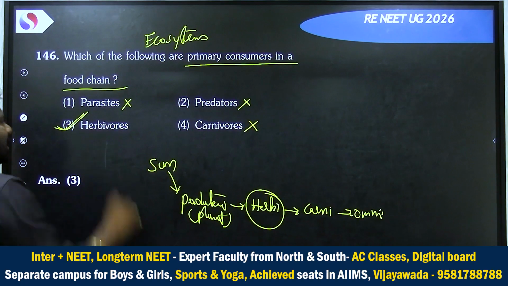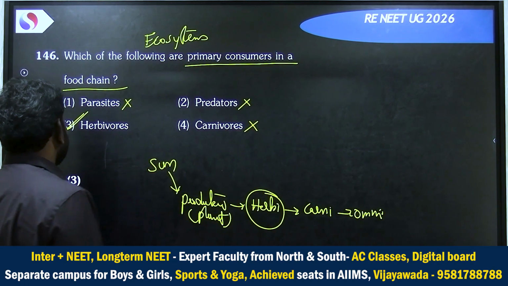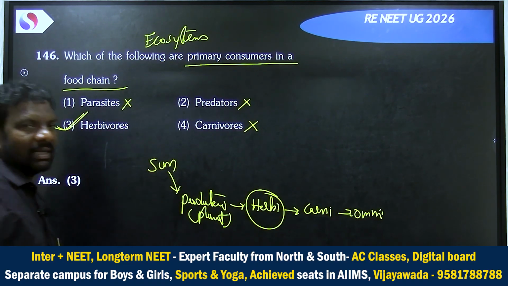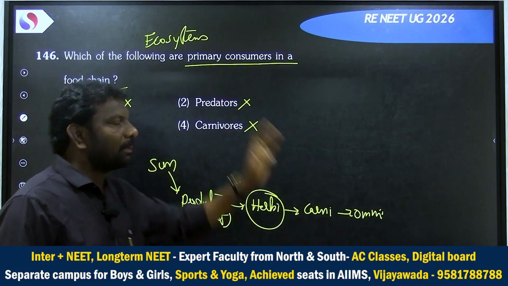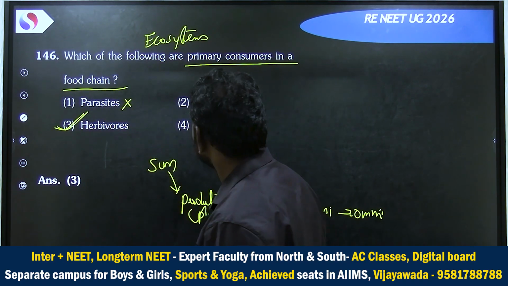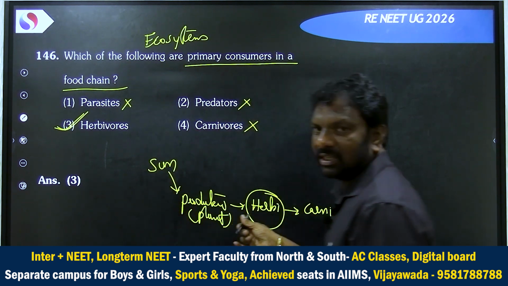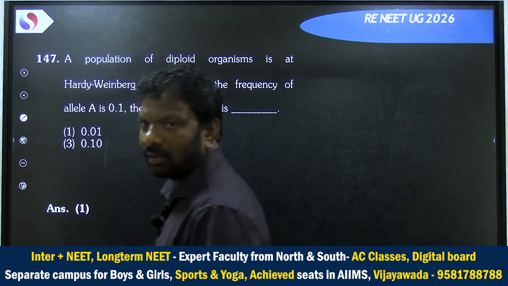Only herbivores are the primary consumers. That's why the suitable answer for this question is the third option, herbivores. Again, I repeat the question: which of the following are primary consumers in a food chain? The answer is herbivores. This is the food chain explanation. Then we go to the next question.